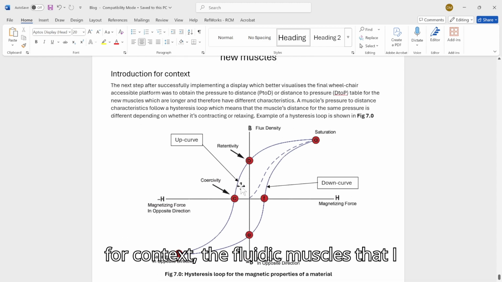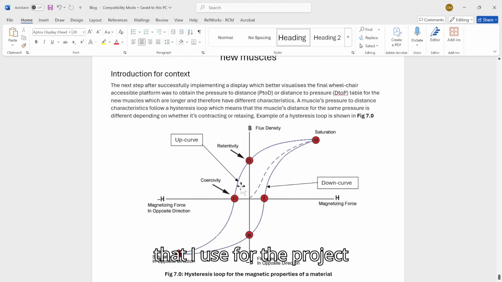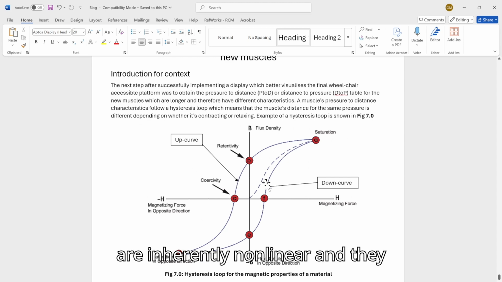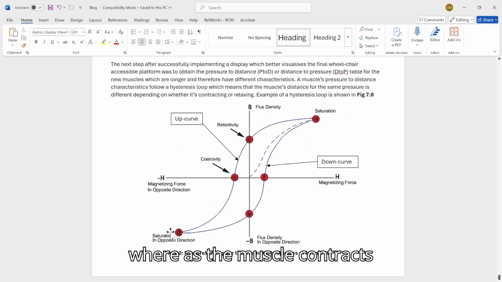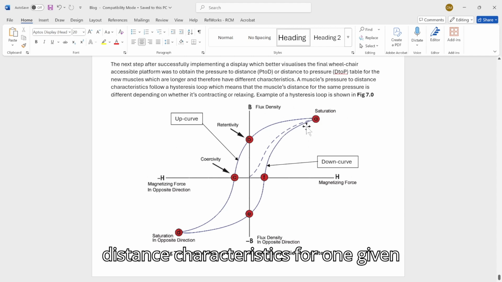The fluidic muscles that I use for the project are inherently non-linear, and they follow a hysteresis curve, a bit similar to this one, where as the muscle contracts, it has a set of pressure to distance characteristics for one given load.